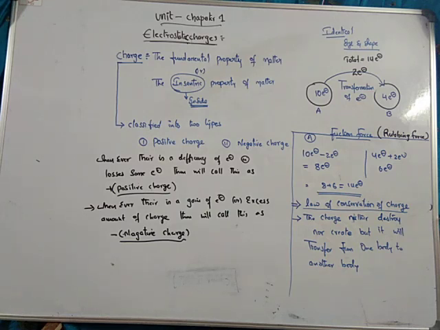Now coming to positive charge: whenever there is a deficiency of electrons or loss of some electrons, then we call this positive charge. Similarly, whenever there is an excess amount or gain of electrons, then we call this negative charge. Is that clear?